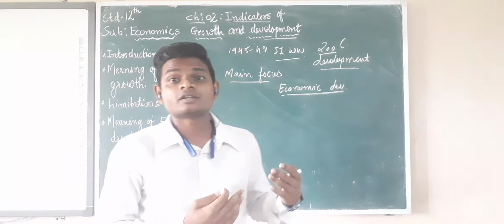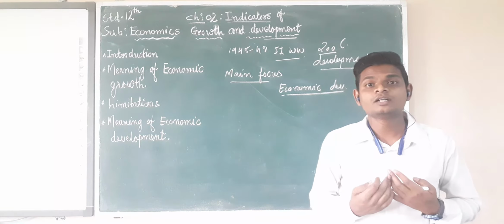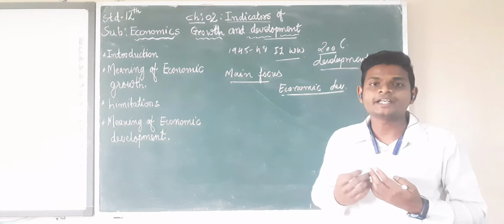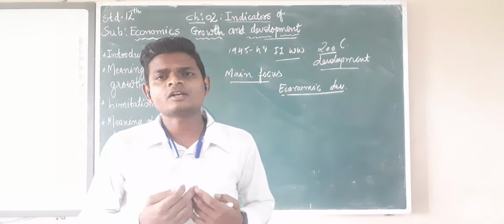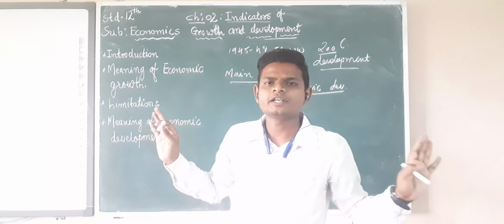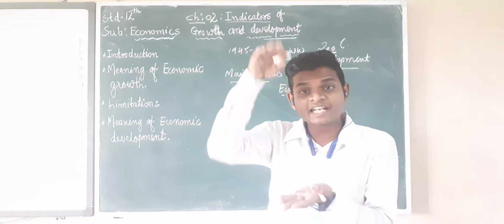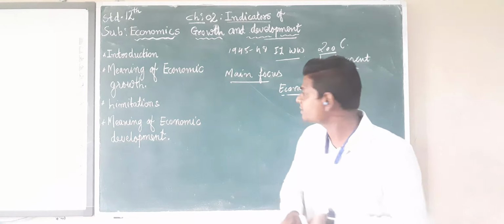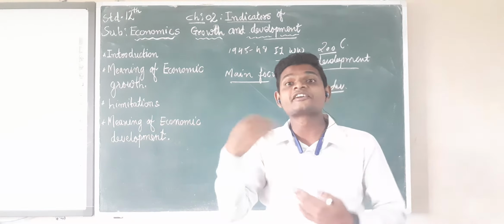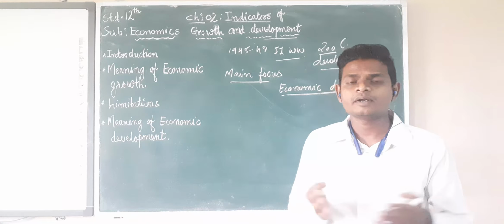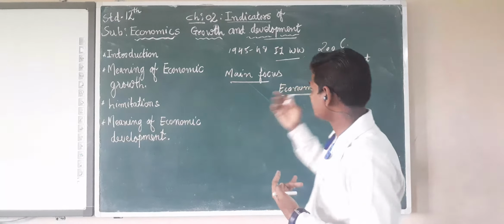They wasted public property, private property, the loss of life, the loss of wealth, then man-made property, all things were destroyed. In the economy there was total poverty, economic degradation. All things reduced, prices increased, poverty increased, unemployment increased after the Second World War.